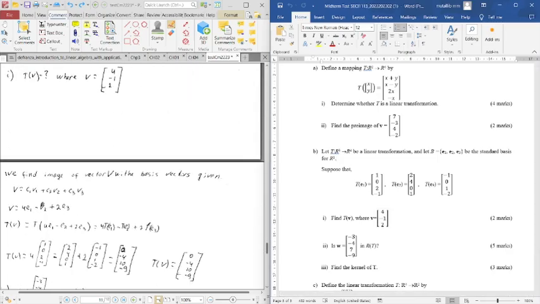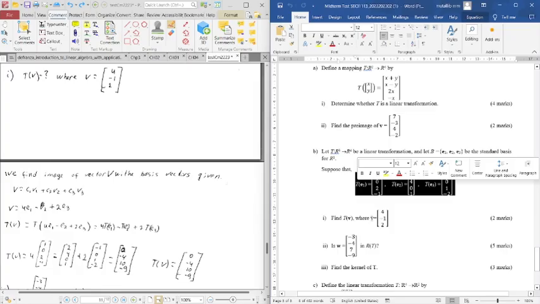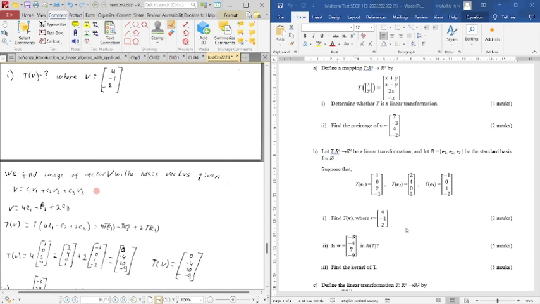So to find the transformation of V, we need to find the image of vector V using the basis vectors that are already given. To do this, we write the given vector equal to C1 times vector 1, C2 times vector 2, C3 times vector 3. These C1, C2, and C3 are the elements from the given vector.